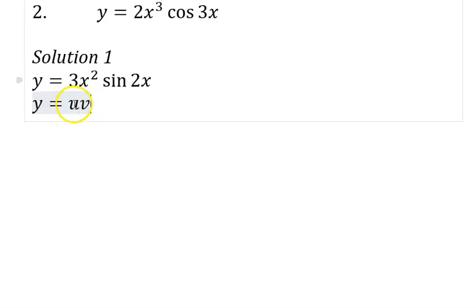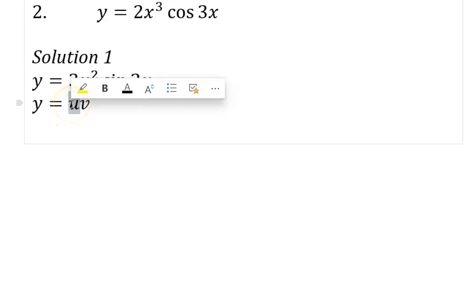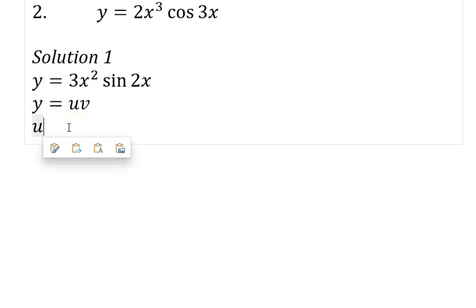So let's make u, let's say u equals this 3x squared. Let's take it one after the other. Let's deal with this first.